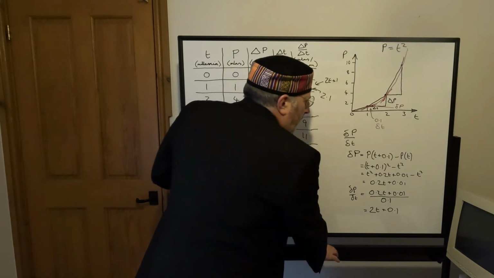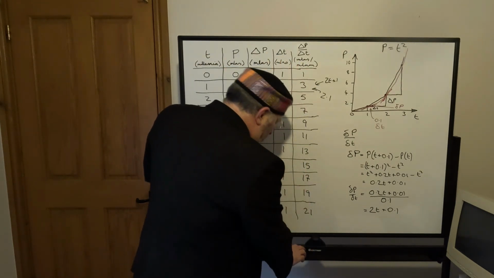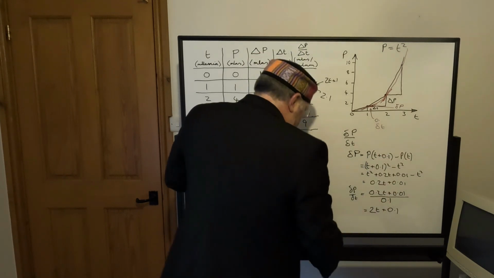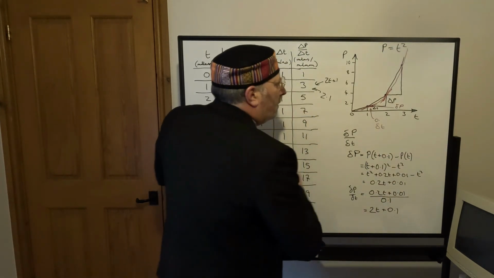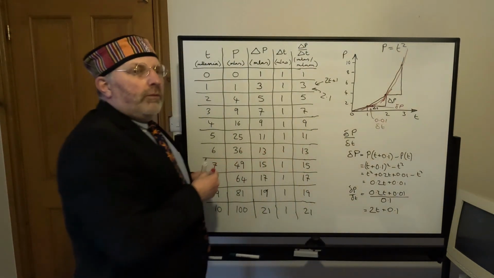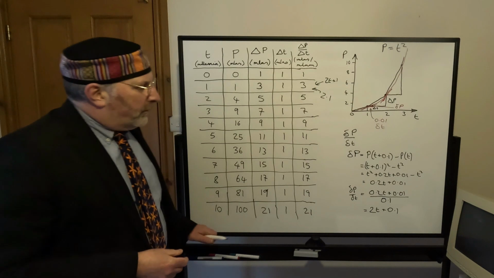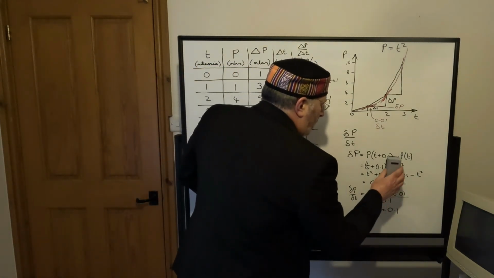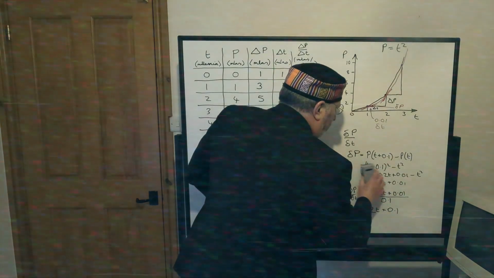We could do all this again using a time step of 0.01, which would be even better. So we can rewrite all this.